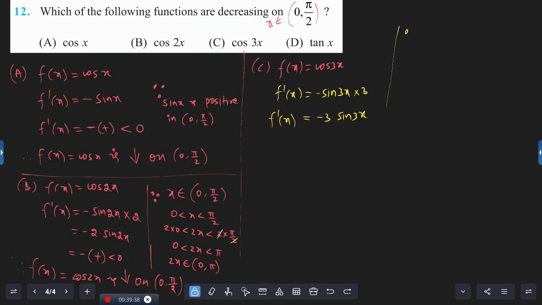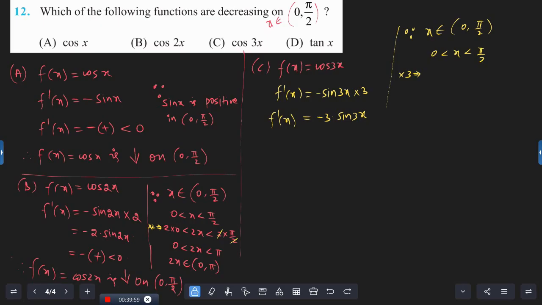So in the sine case, x belongs to 0 comma pi by 2. That is, 0 less than x less than pi by 2. But I want not x, I want 3x. So multiply 3 on both sides. Here also we multiplied 2 on both sides.